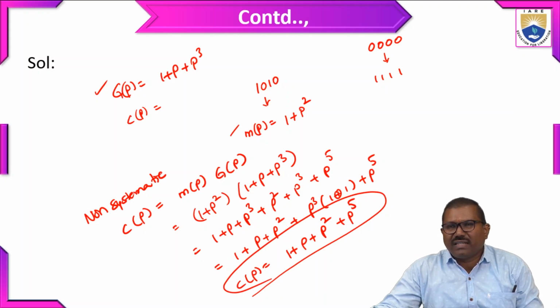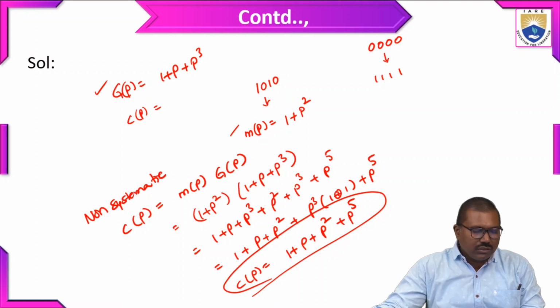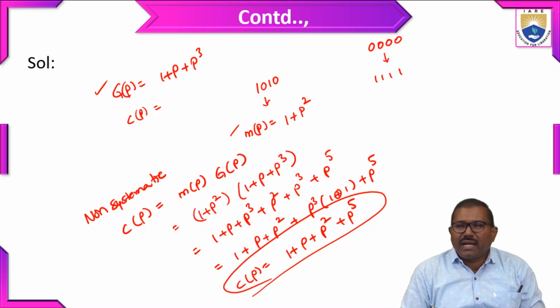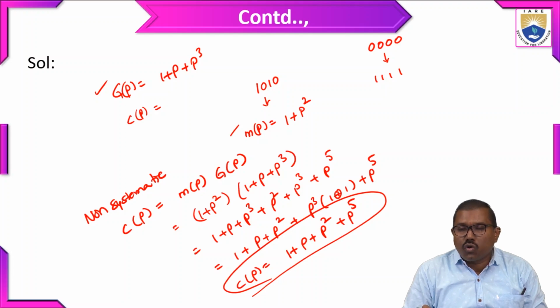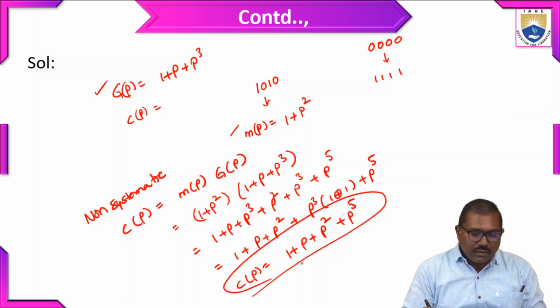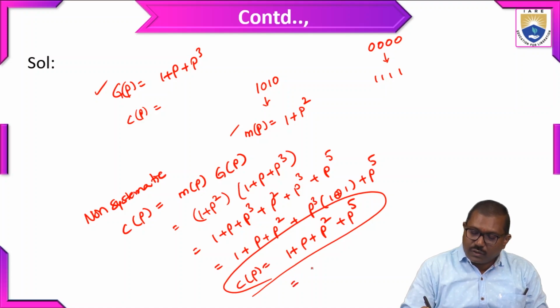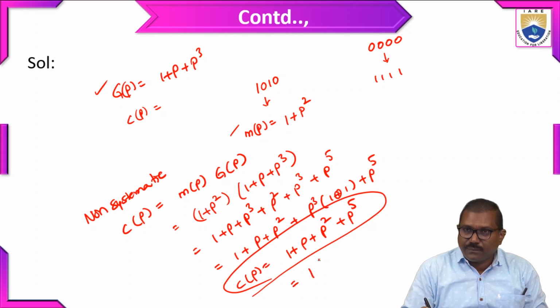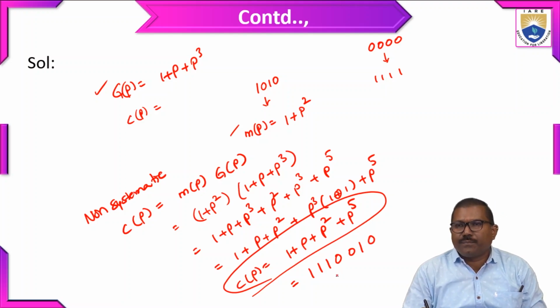For the non-systematic cyclic code, C of p is equal to this. Again, you can write it in terms of a code block. What is my code? 1 is there, p is there, p square, p cube is there? No. And p to the power of 4? No. And p to the power of 5 is there, and p to the power of 6 is absent.